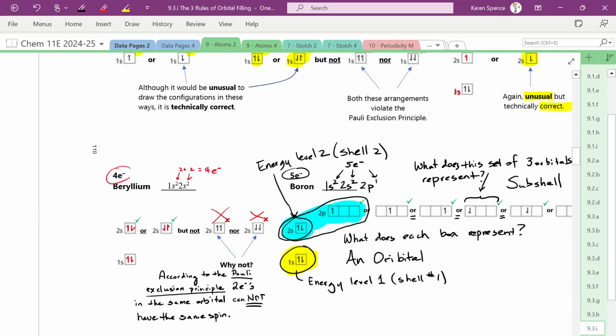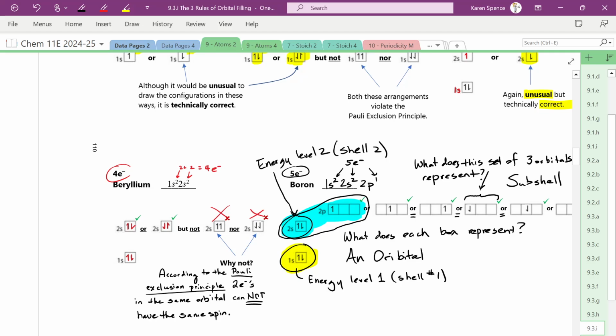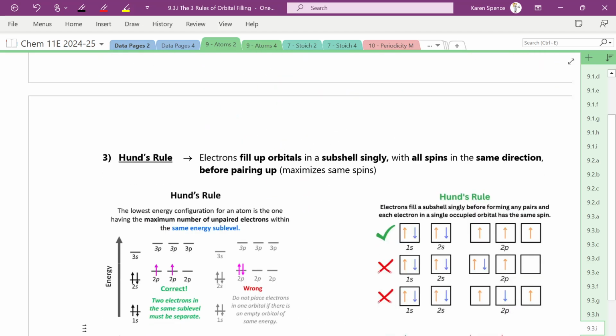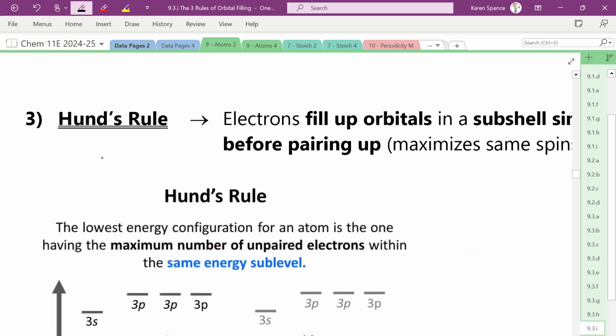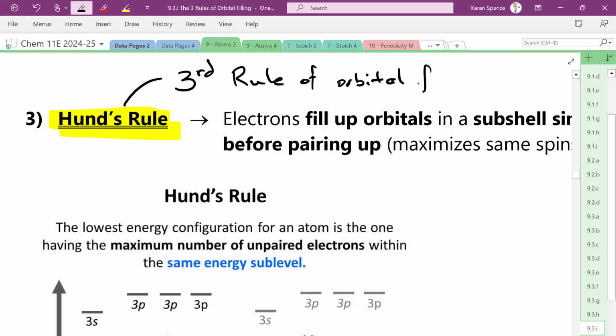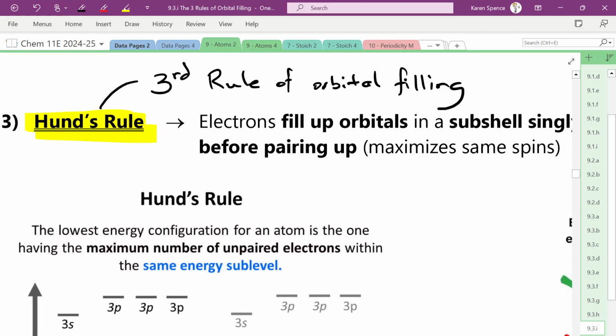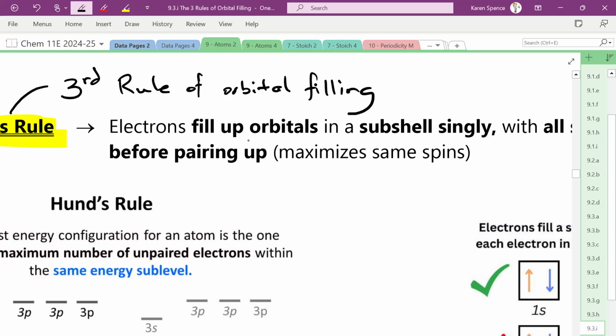All right, so that's the Pauli exclusion principle. No 2 spins in the same direction in the same orbital. Hund's rule is our 3rd rule of orbital filling. And that is that electrons fill up orbitals in a subshell singly.